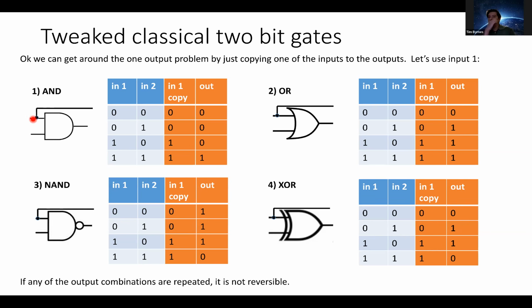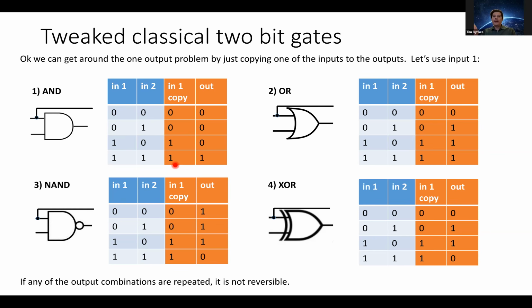So we're going to make that adjustment just to make it at least possible. We're just going to copy the first input. It doesn't really matter whether it's the first or the second one actually, so we're just going to choose the first one for definiteness.